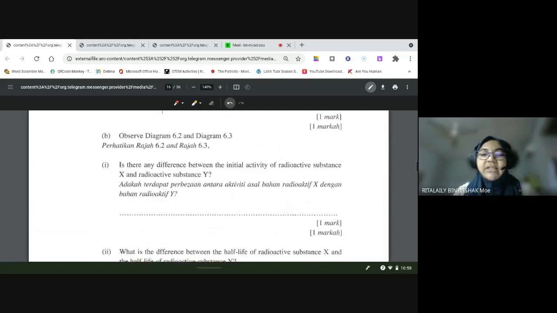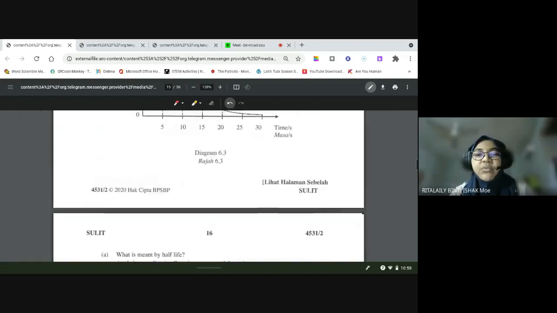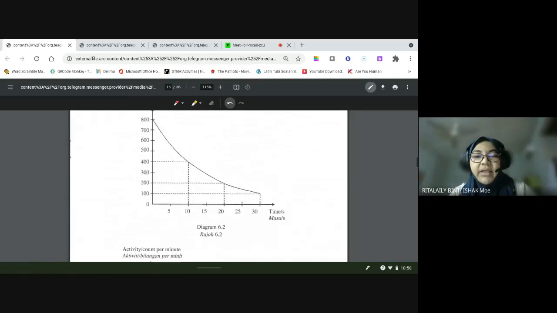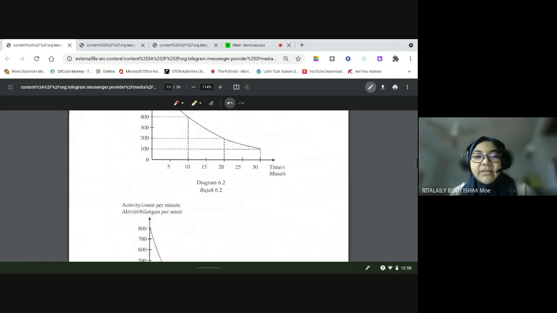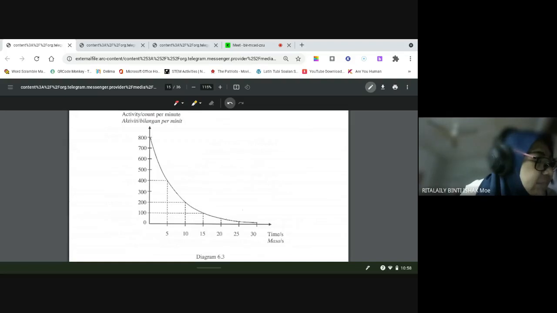What is the difference between half-life of radioactive substance X and half-life of radioactive substance Y? Okay, ini X, ini Y. So, apa awak nak tulis? Macam mana nak tulis?